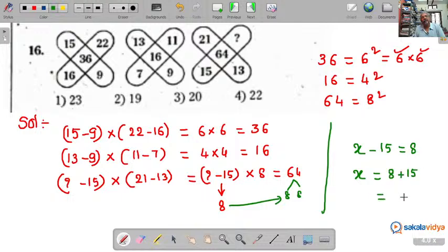So obviously 23 is the answer. The missing number is 23. See, 21 minus 13 is 8, 23 minus 15 is 8, 8 times 8 is 64. It satisfies the condition. Yes, Srinivas, I think so. This is the third option. No, not the third option. First option is the right option, Mr. Srinivas.